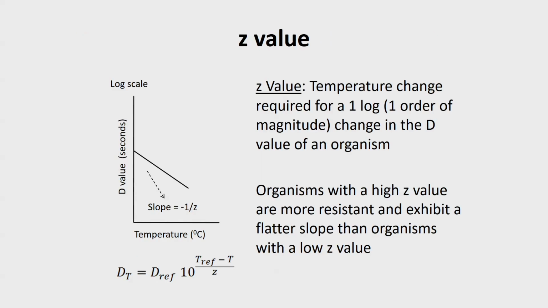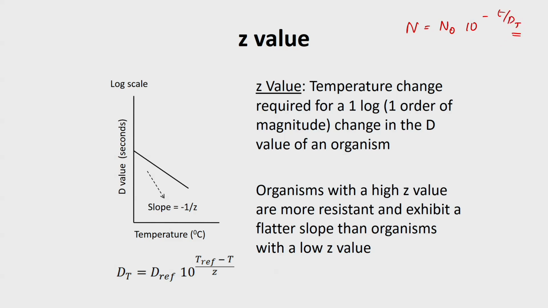Another important concept here is the Z value, right. The Z value is nothing but the temperature change required for a 1 log change in the D value of any organism. For example, earlier the equation is 10 to the power of minus T upon Dt. This T I told is at reference temperature.